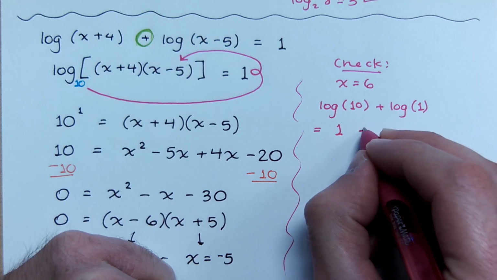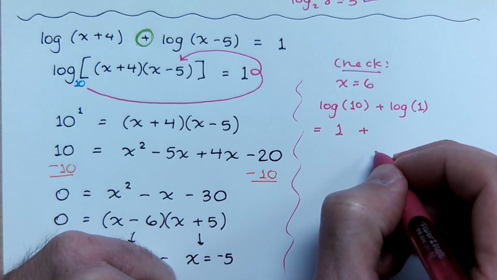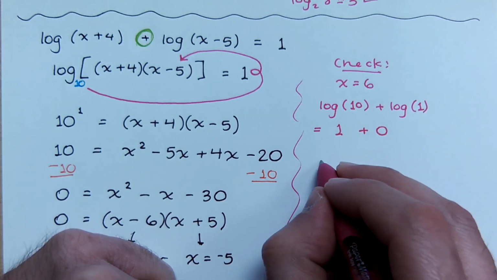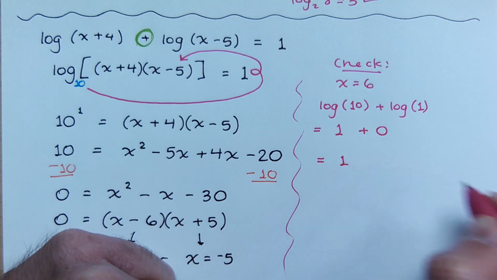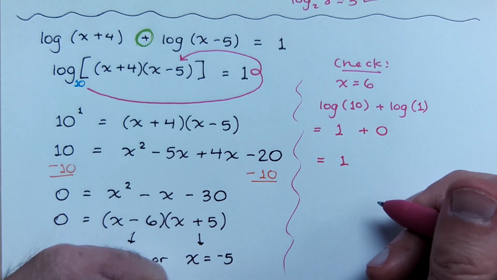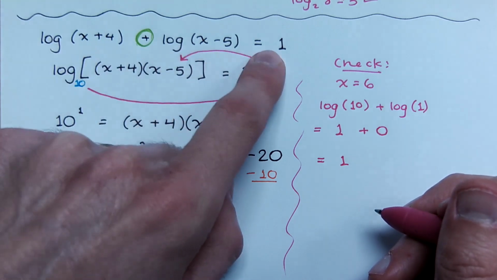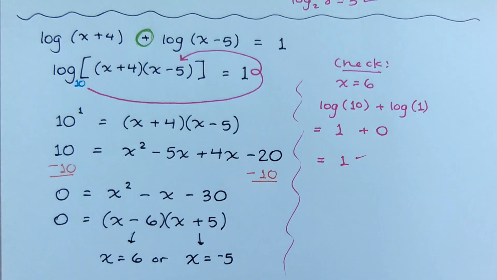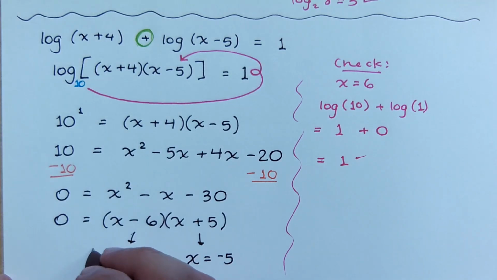And what's log of 1? What power of 10 gives you 1? 0. And when you combine these, you get 1. Is that a true statement? Weren't we trying to get this to equal 1? So that checks out, which means I can box x equals 6 as a solution.